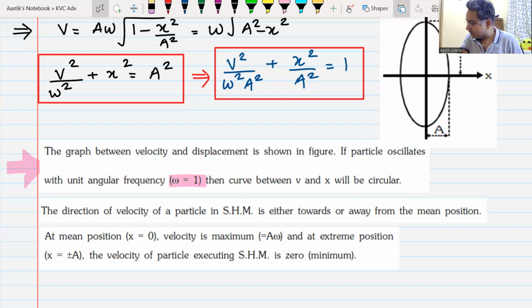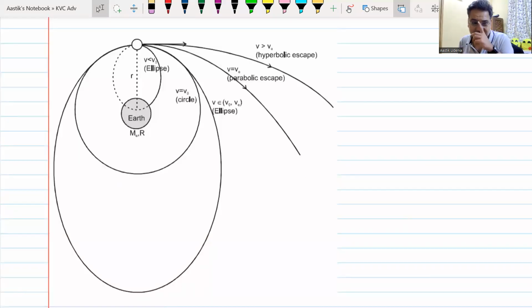Well done, sir. Now I take you back to the chapter on gravitation. And this is probably what I forgot to tell you: the equation of the path of the projectile if I give it different velocities from the same point.